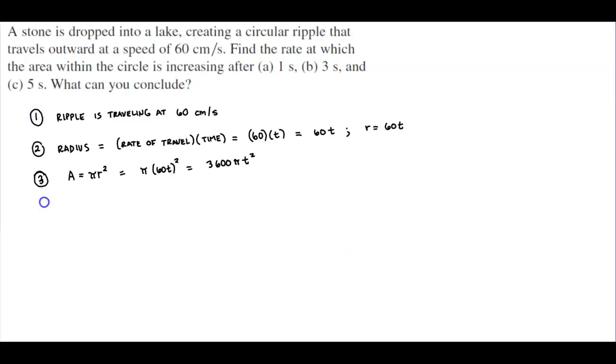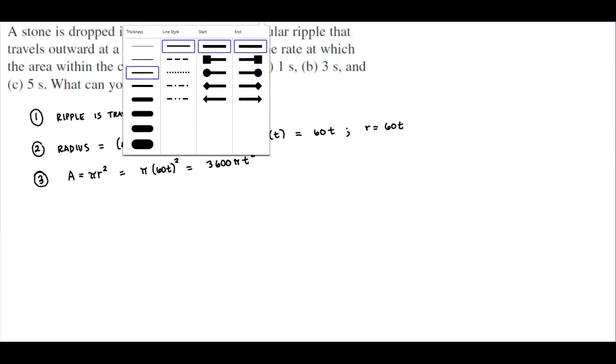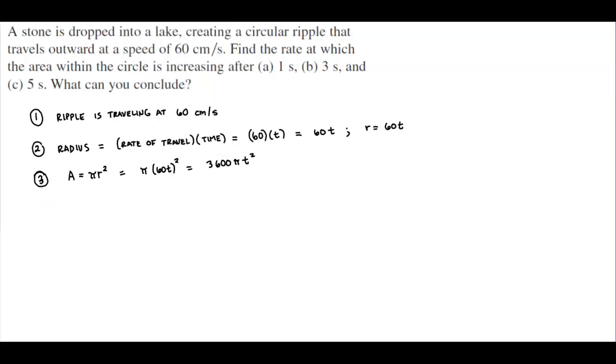So now the area becomes a function of time. So we have A of t now, which is going to equal 3600 pi t squared.